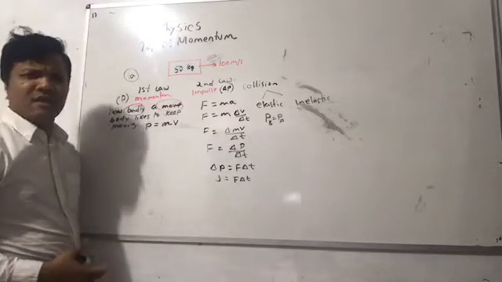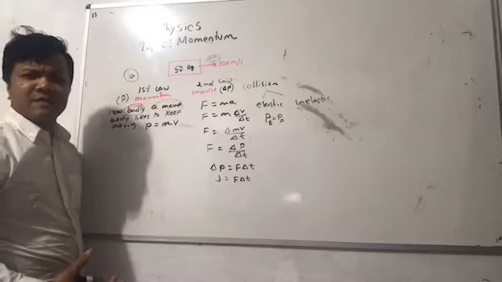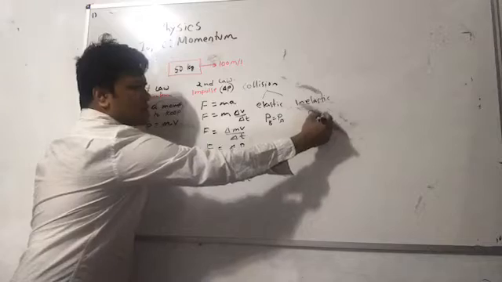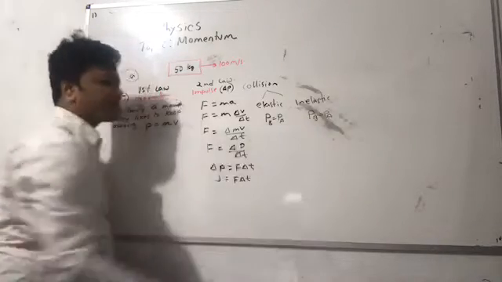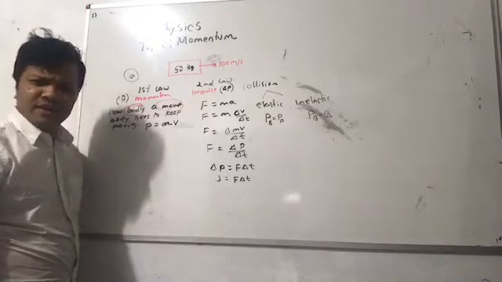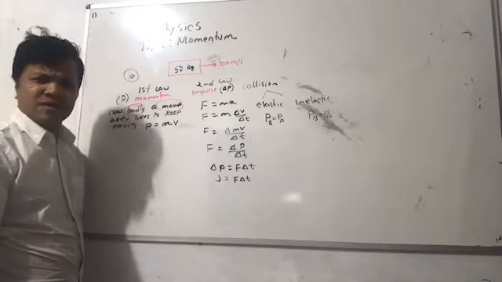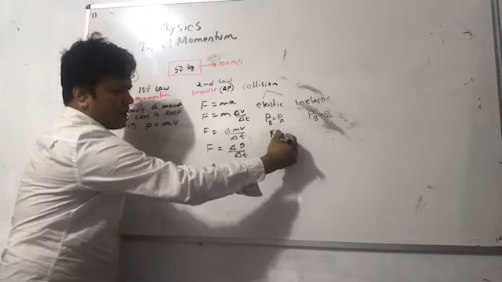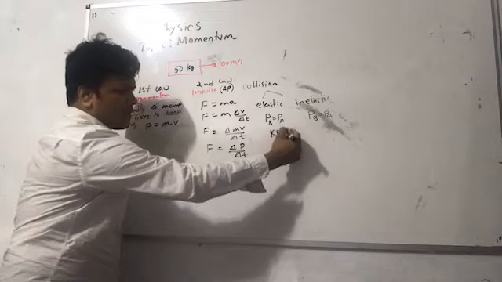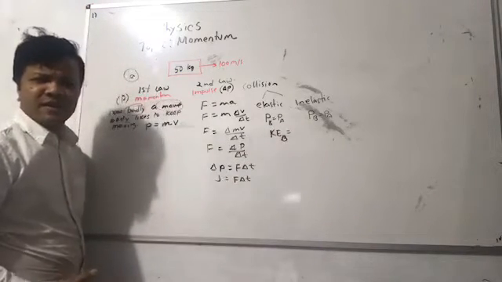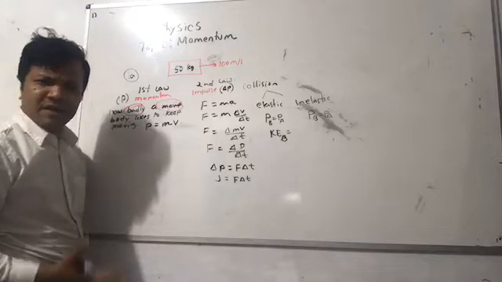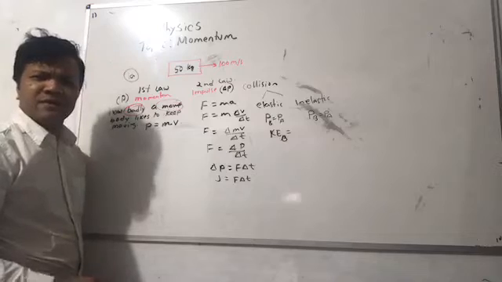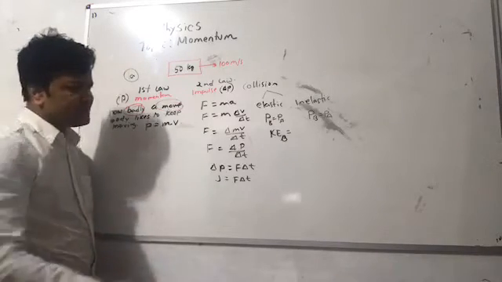Inelastic collision also satisfies the conservation of momentum. P before is equal to P after. What about kinetic energy? Elastic collision satisfies conservation of kinetic energy, meaning kinetic energy before is equal to kinetic energy after, meaning there is no energy lost.